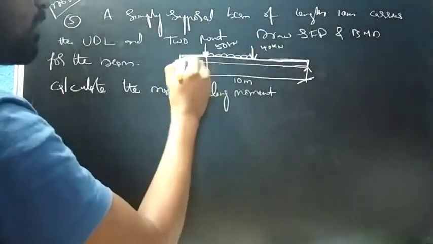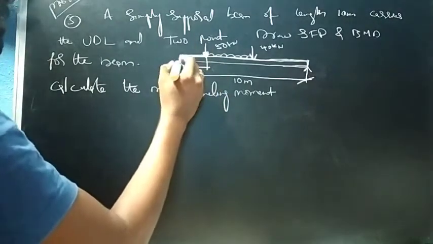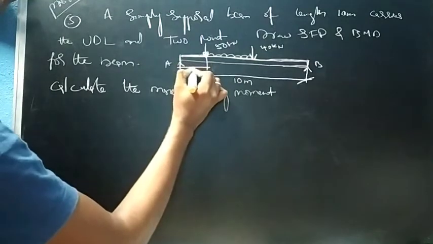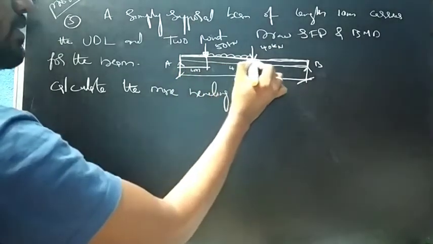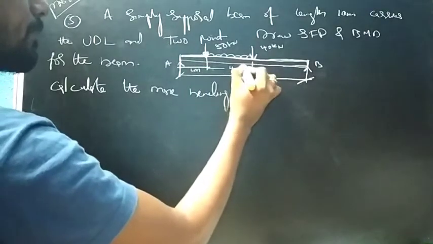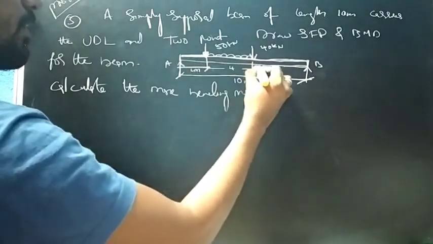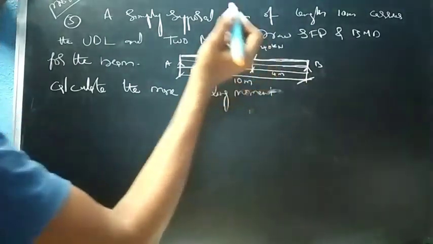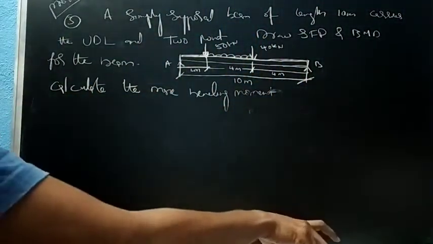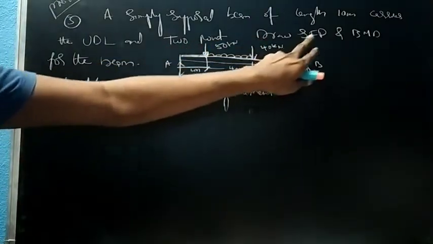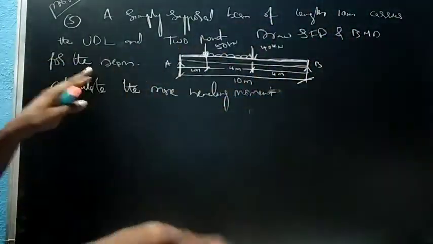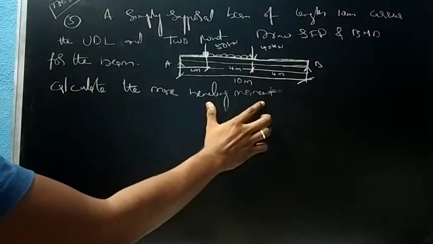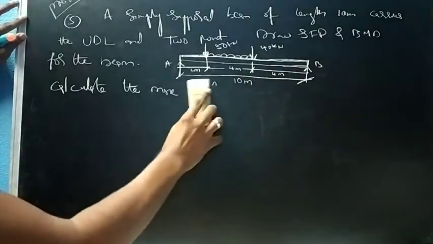And the distance from the point A, let's say B, that is 2 meters, 4 meters of uniformly distributed load, and another distance is 4 meters, right? Clear? So let's try to draw the shear force diagram and bending moment diagram, and also we'll have to calculate the maximum bending moment. So let's solve this.